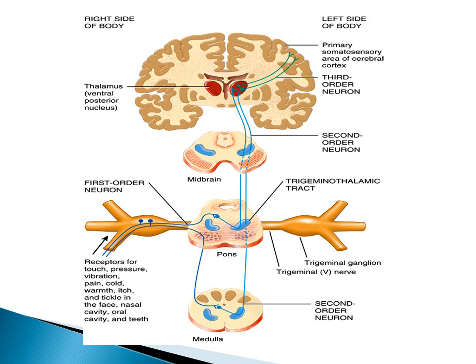And the trigeminal thalamic tracts convey sensations associated with touch, pressure, vibration, pain, cold, warmth, itch, tickle. All these so-called cutaneous sensations from the face, the nasal cavity, the oral cavity, and even the teeth ascend through the trigeminal thalamic tract.